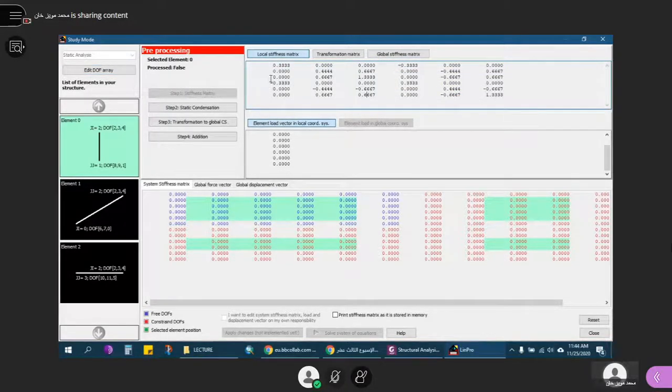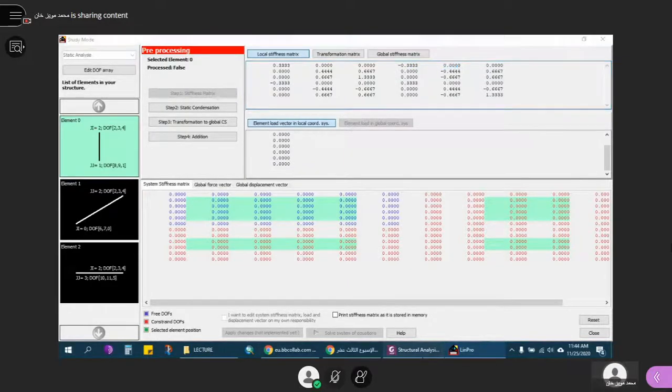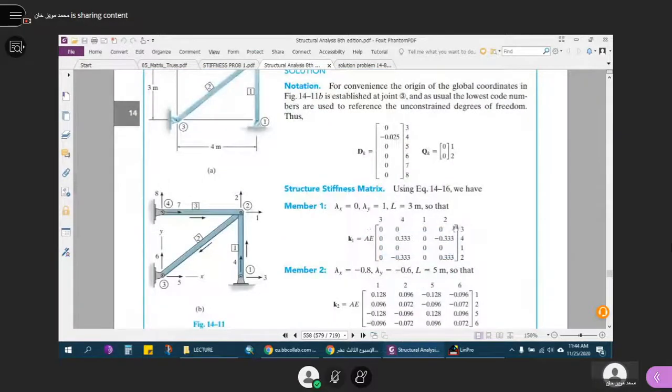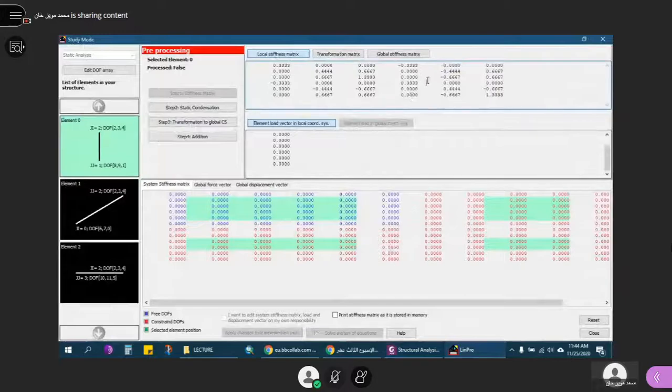Similarly, I'll eliminate the third row and the last column. So I'll be left with 4 by 4, that is equivalent to 0.30, minus 0.30, 0.30, minus 0.30. So this is how you get the value. The notation is different, but this is how you extract it, as I told you, step by step.